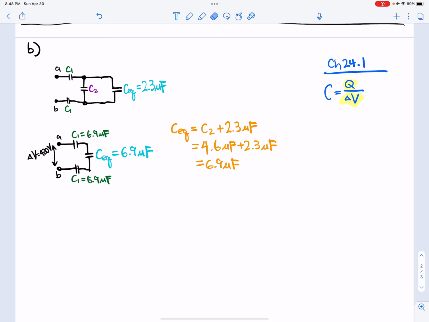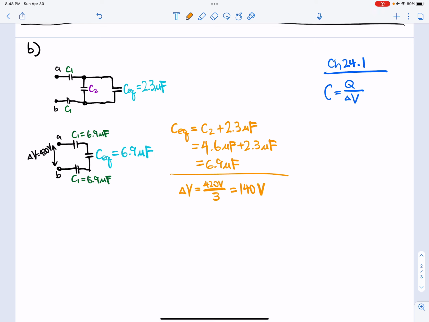Let me just delete this highlight. So delta V for each one is equal to 420 volts divided by 3, which is equal to 140 volts.